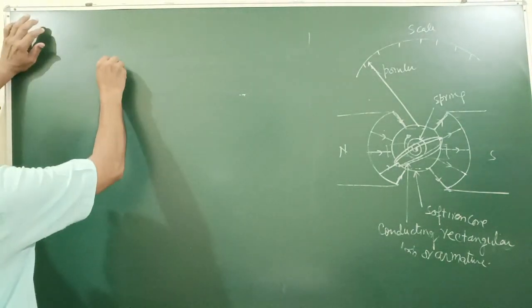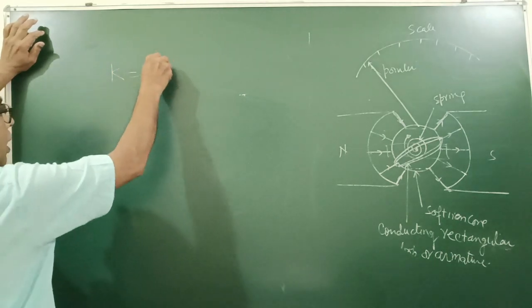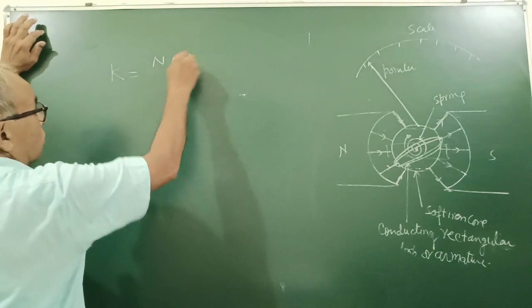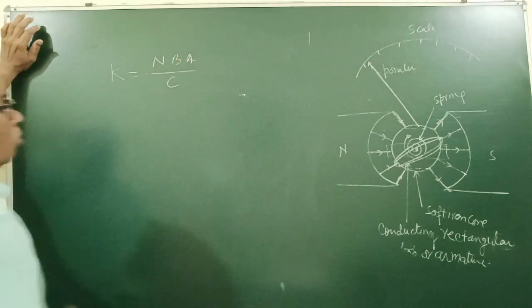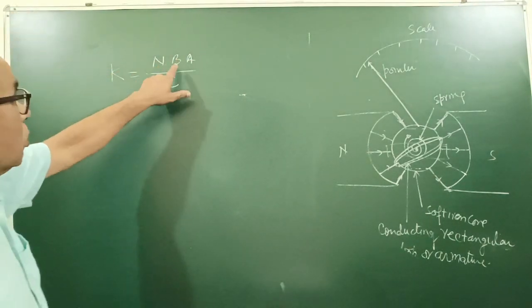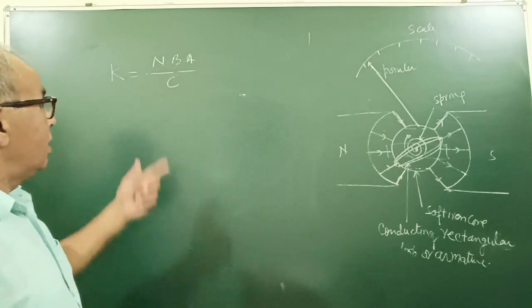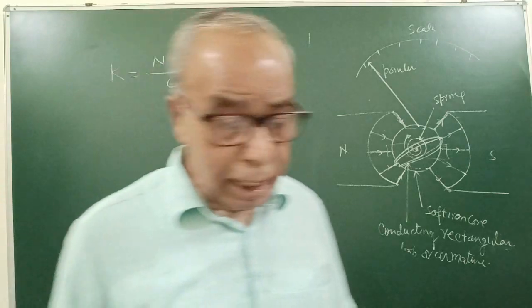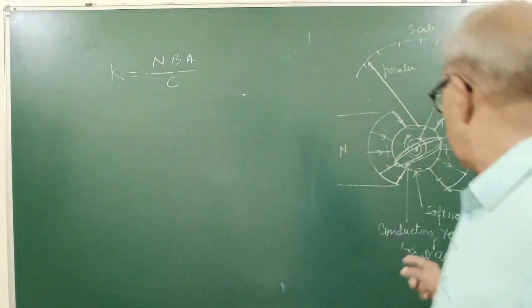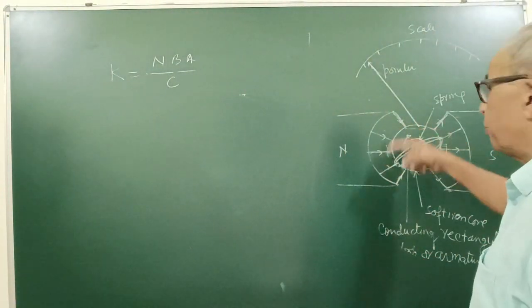Current sensitivity I wrote there as K equal to NBA upon C. How can you obtain the maximum by increasing the number of turns, having a strong field, having a large area and a small C? What is C? C is the restoring torque per unit angle of twist of this spring.